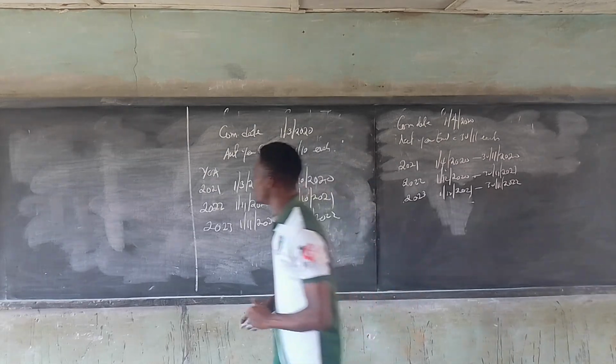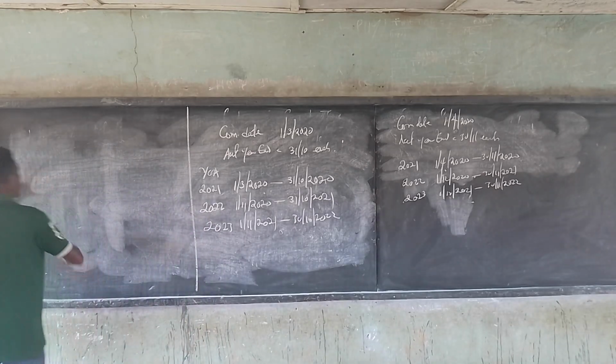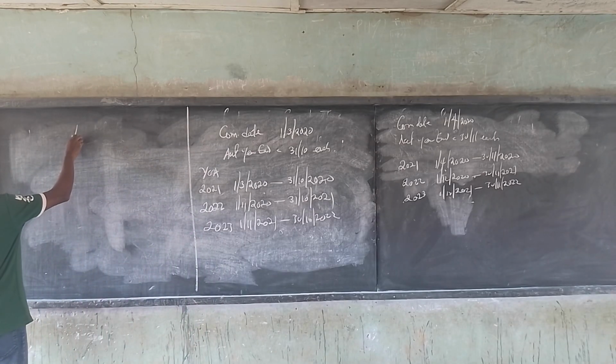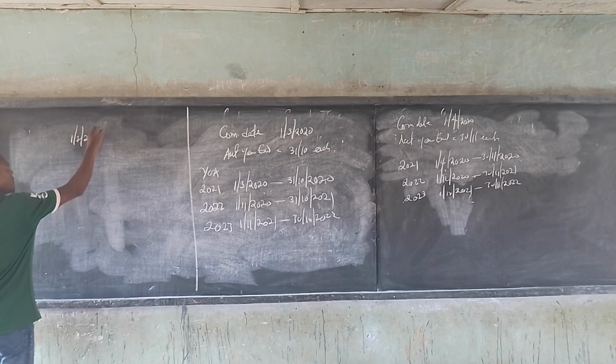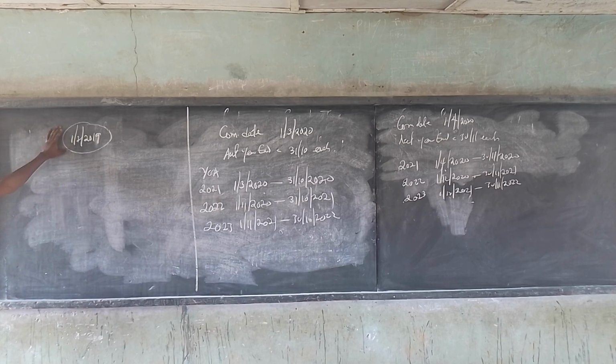Now, let me give you the scenario. If a company commences business in July 2019, and this company has never filed a tax return, and they decide to file their tax return and submit it.